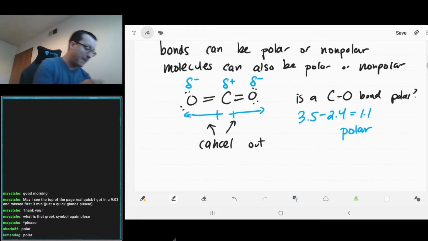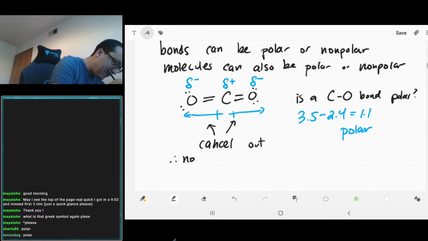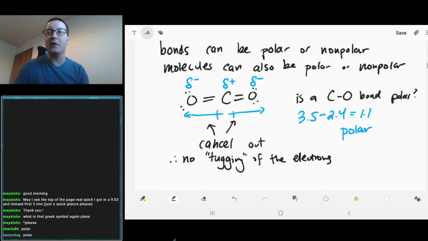And so that means there is no tugging of the electrons. You can think of it as a tug of war where your teams on either side are clones of each other.